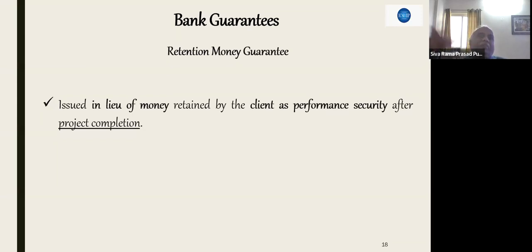In India, n number of infrastructure companies are there. Whenever they are giving to the prominent infrastructure companies, they will ask for the money retained by the client as performance security for project completion. For that also, banks are issuing bank guarantees.